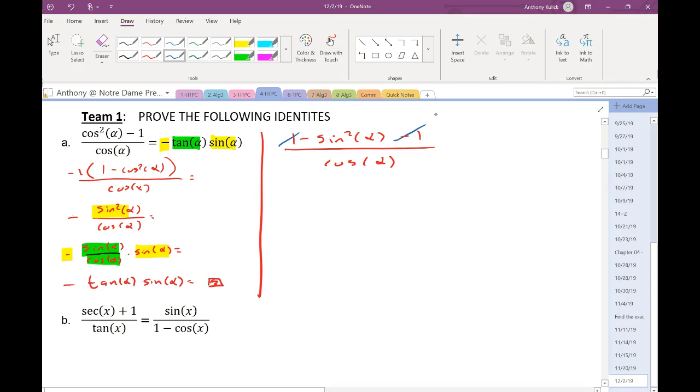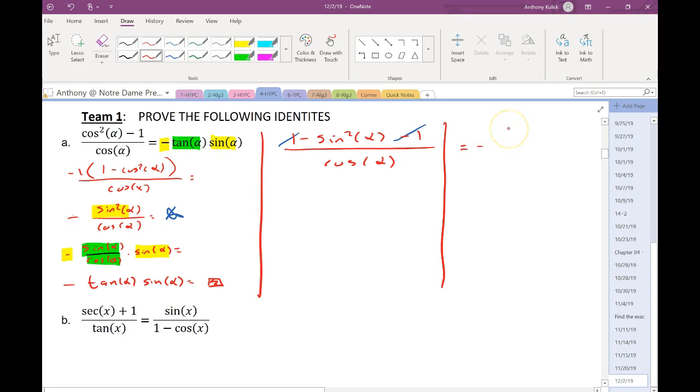And then those cancel out. And it's the same thing as picking up here. You could do that without having to take the negative out, and it still works. Or, probably easier would have been to start on the right-hand side.